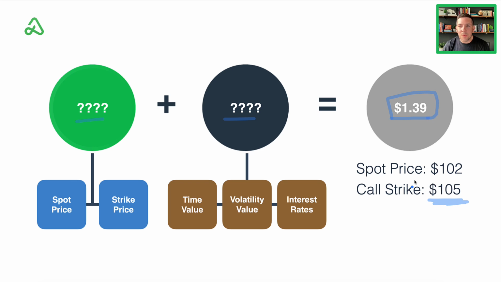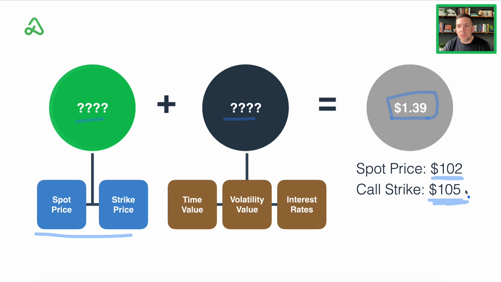$1.39. Now, if the market is still trading at 102, the question becomes, again, as we try to answer and solve for the intrinsic value, is there any value in exercising our call option? And so I'll walk through this here with you so you understand.